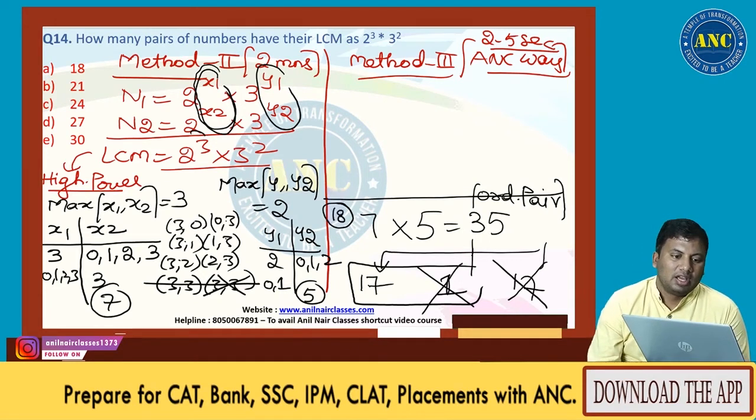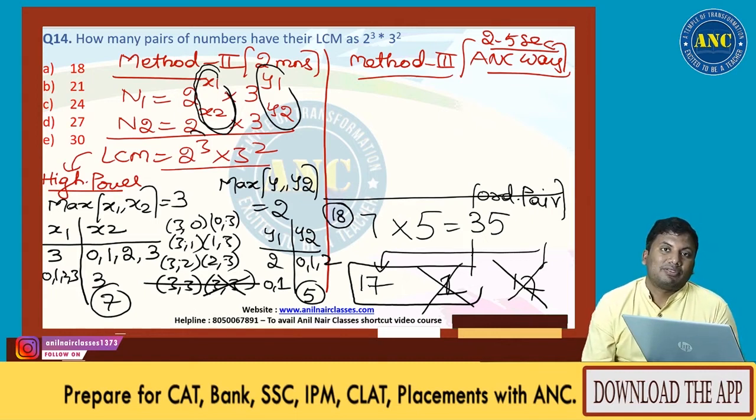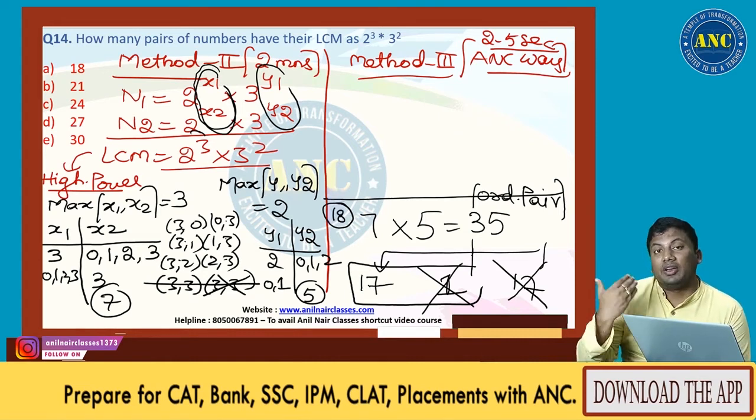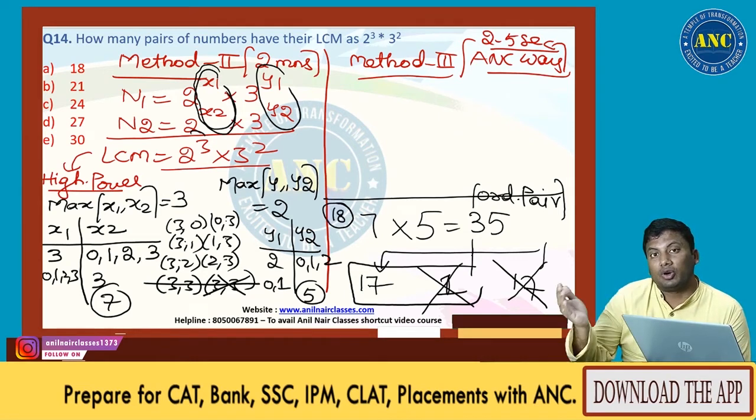This is the traditional book approach, or some less experienced teachers will solve the problem like this. N1 and N2, LCM is given. LCM is nothing but the highest power of the given prime bases. So the maximum of x1, x2 is 3, and the maximum of y1, y2 is 2. If x1 is 3, x2 will be 0, 1, 2, 3.